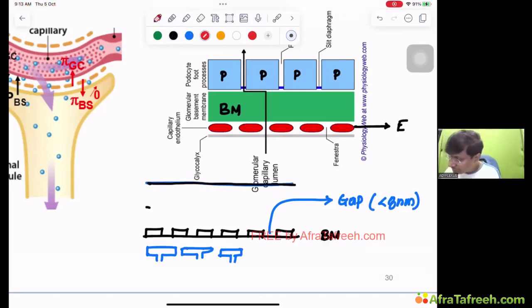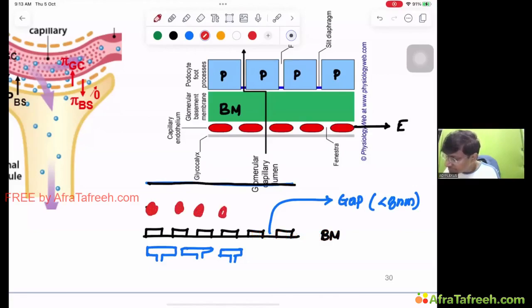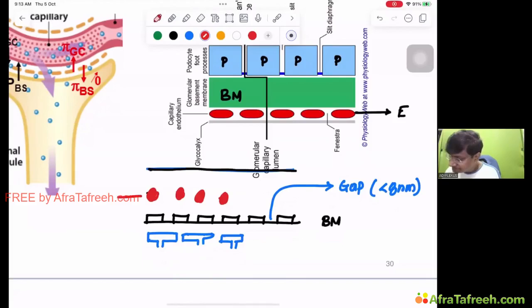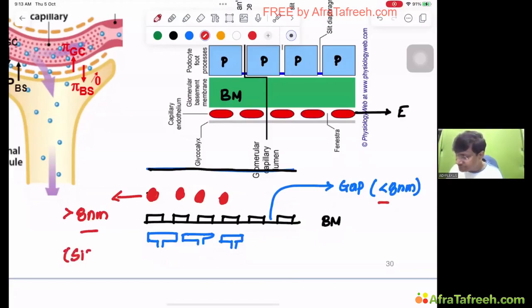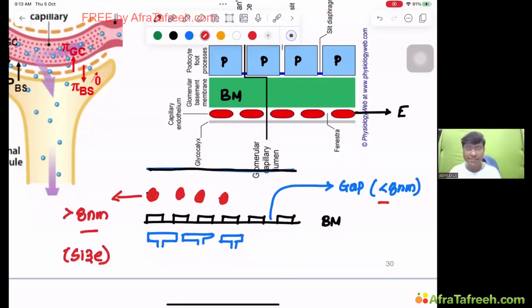The proteins which are present in the glomerular capillaries, that is in the plasma, the size of the proteins is more than 8 nanometers, but the gap between the endothelial cells is less than 8 nanometers. So because of the increased size, the proteinuria does not occur. Right? Because of the increased size of the proteins, the proteinuria does not occur.